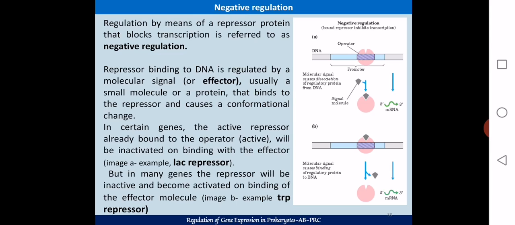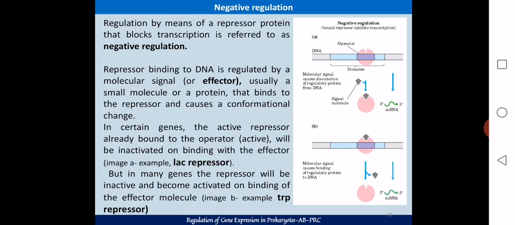This repressor protein in the active state can bind onto the operator site, and this binding of the repressor to the operator site will prevent transcription of the structural genes. So the binding of the repressor to the operator will block transcription. This is a kind of negative regulation, right?